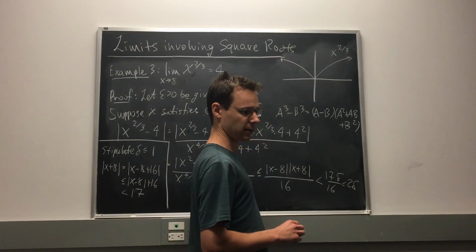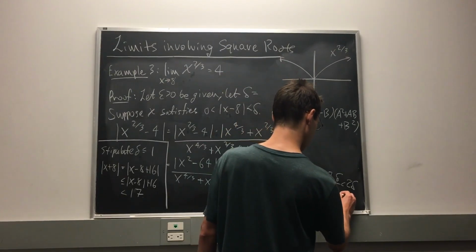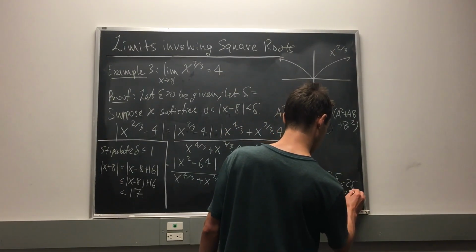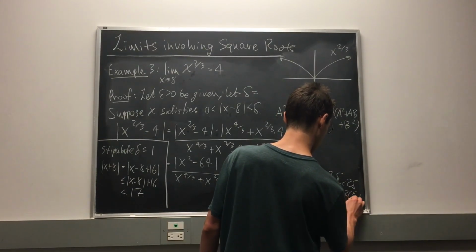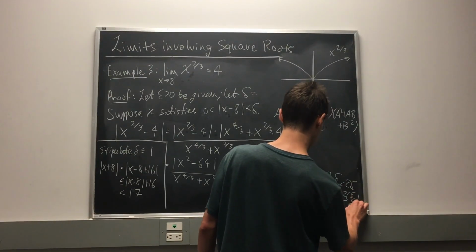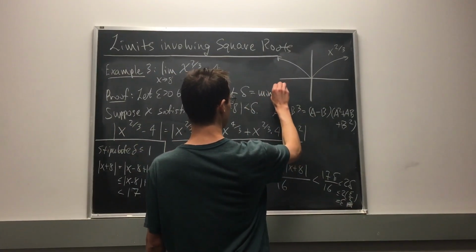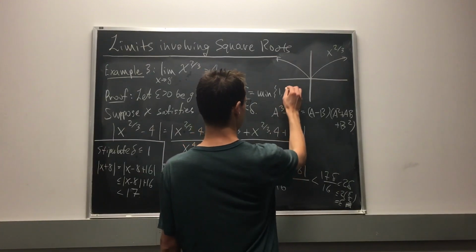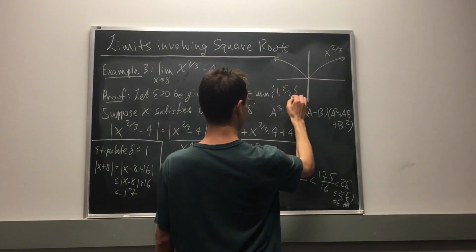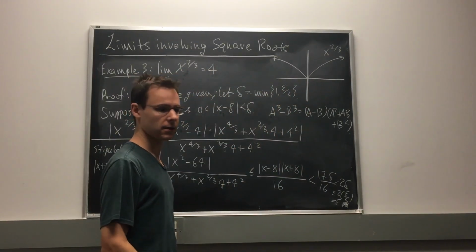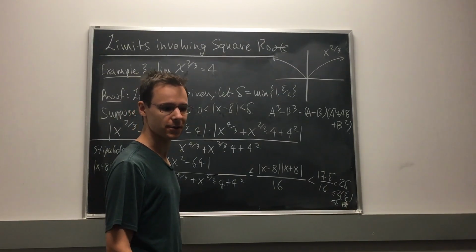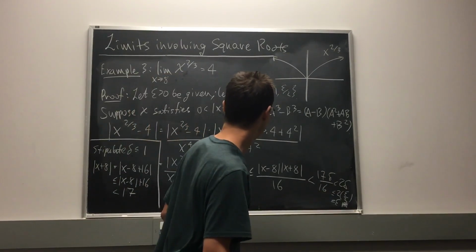And now we're going to set that equal to epsilon, so this is going to be less than or equal to 2 times epsilon over 2, which equals epsilon. The proof is done, and the delta needs to be a minimum of 1 and epsilon over 2. Why have large fractions in here if we can just have a simple epsilon over 2? Okay? All right, that's it for today.